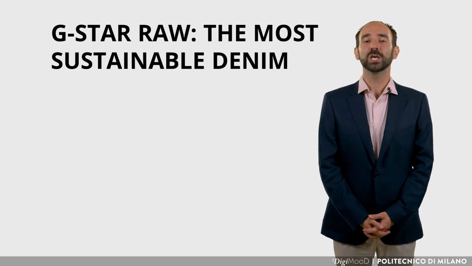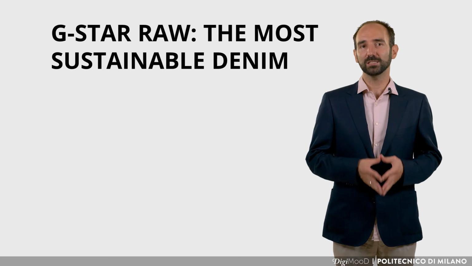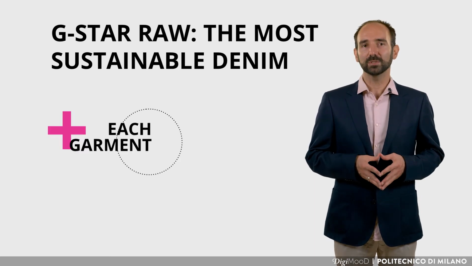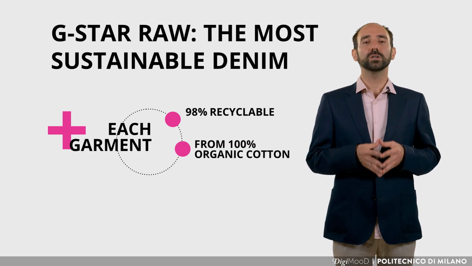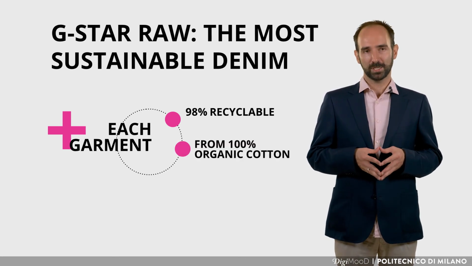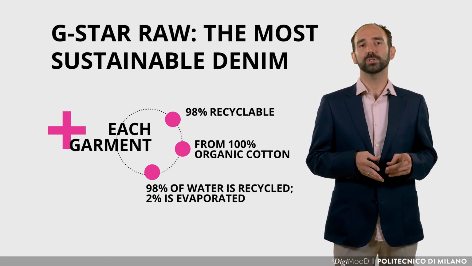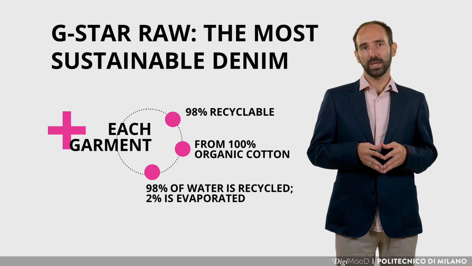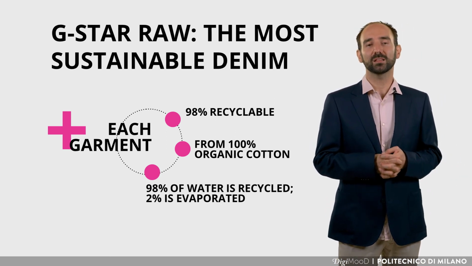To that end, G-Star RAW has produced the most sustainable jeans ever. Each garment is 98% recyclable and is made from 100% organic cotton. 98% of water is recycled, while 2% is evaporated. New indigo, on the other hand, results in 70% less chemicals.